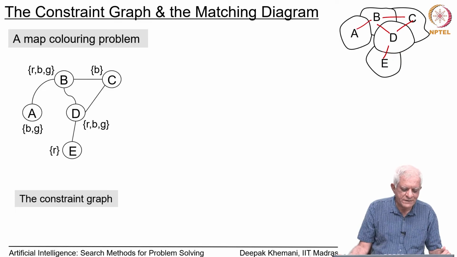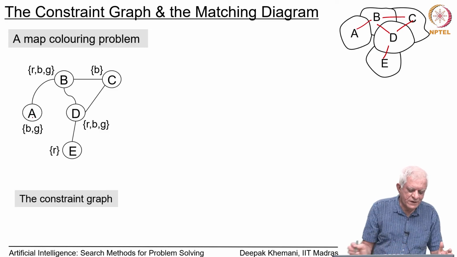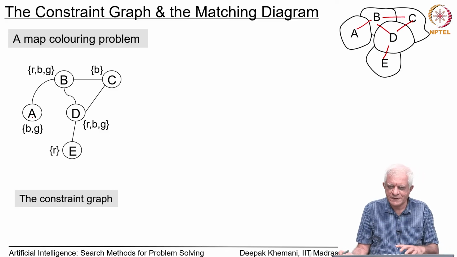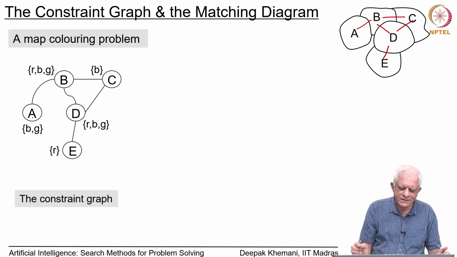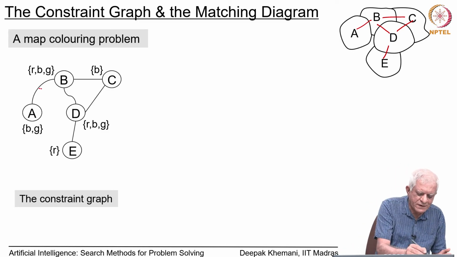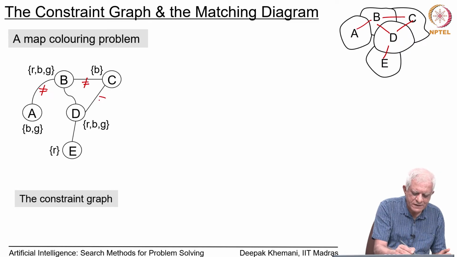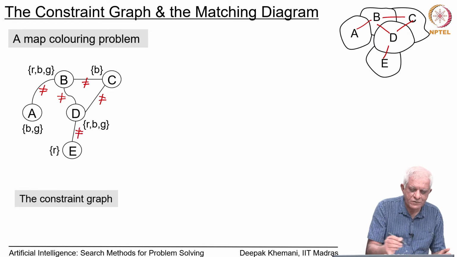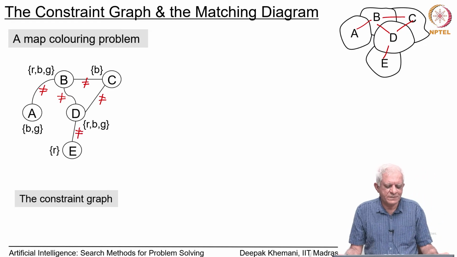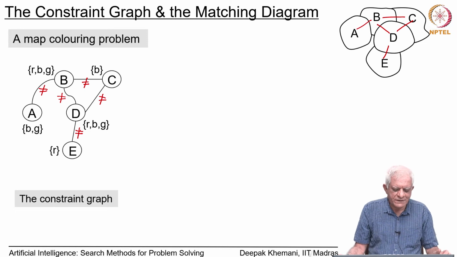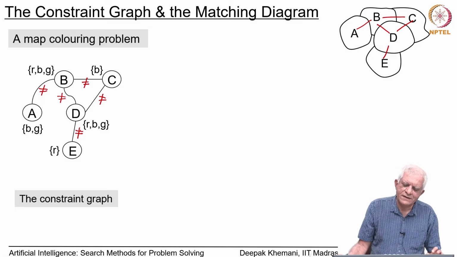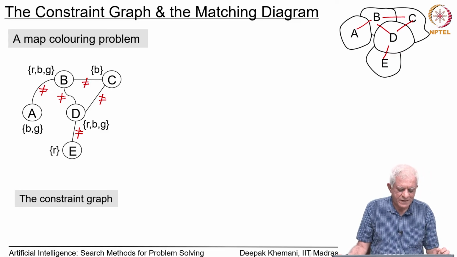For example, B has R, B, G, A has only B and G, and the relation, which I have not specified in the figure but have just mentioned verbally, is the not equal to relation, which says that the values of these variables cannot be the same. Notice that this is different from all different. It simply says that A and B cannot have the same value, B and D cannot have the same value, and so on. Whichever two nodes are connected by an edge, those two nodes cannot have the same value.